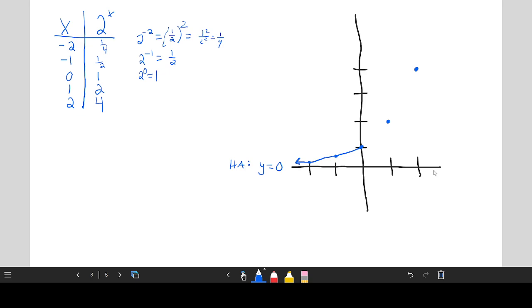So the line y equals 0, which is the x-axis, is a horizontal asymptote for this function. And like we said, as it goes to the right, it's just going to increase really quickly.